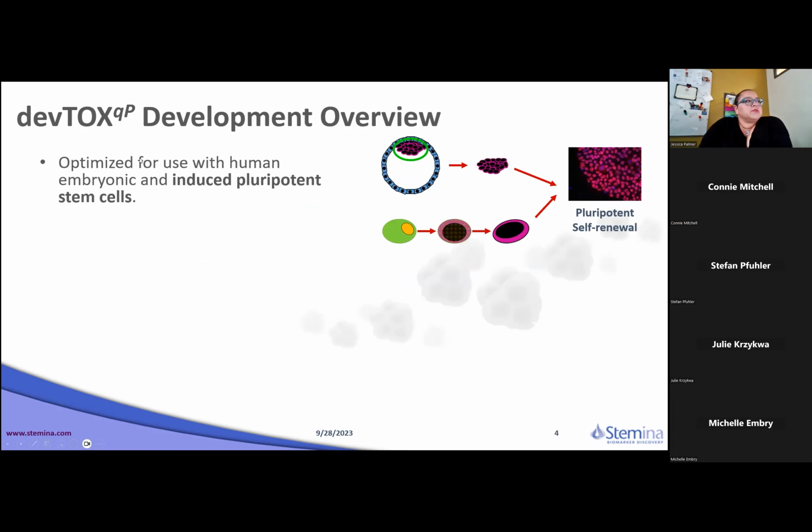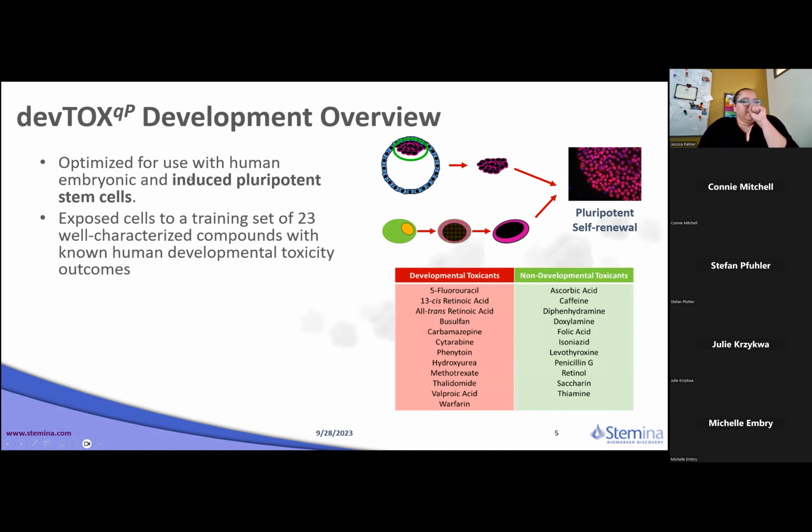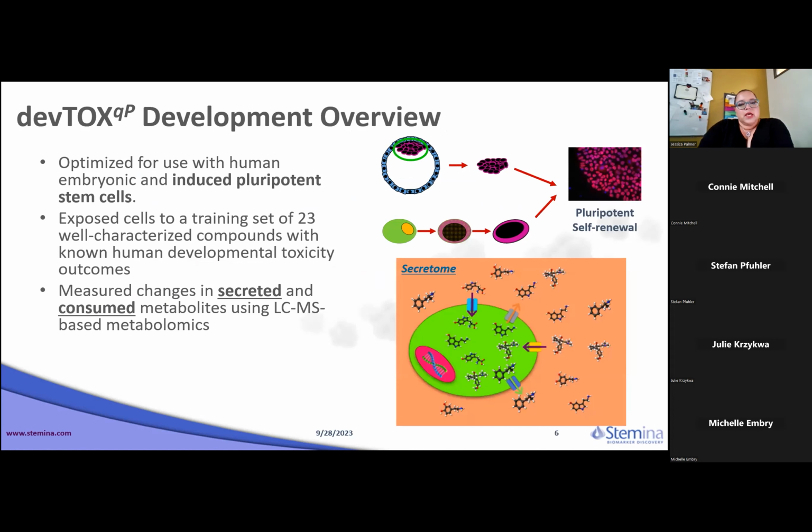So the assay is optimized for use with human embryonic and induced pluripotent stem cells. To identify our prediction model, we started with a training set of 23 well-characterized compounds that had known human developmental toxicity outcomes. We exposed each of these cell types to these 23 compounds multiple times, and we were looking at the secretome.